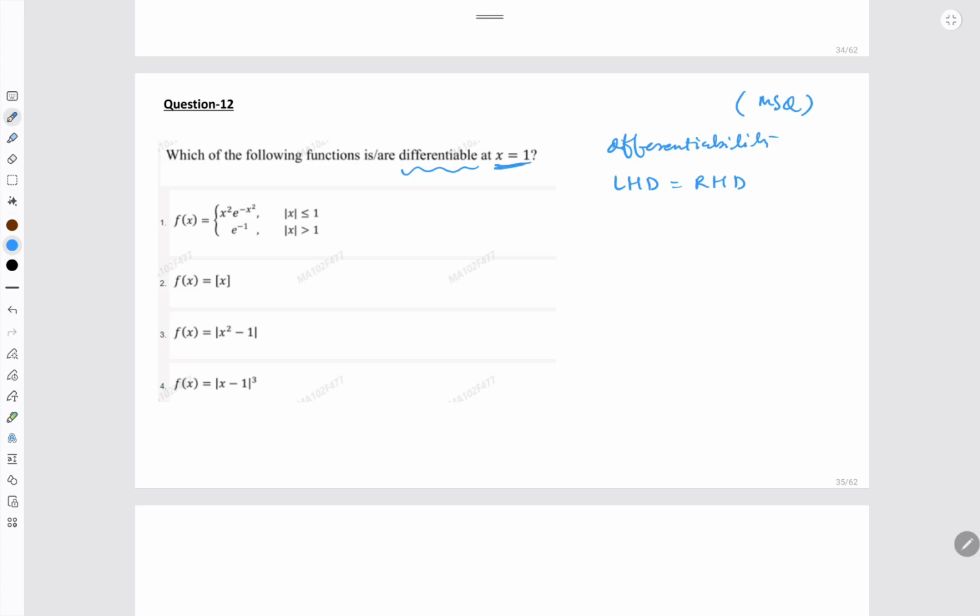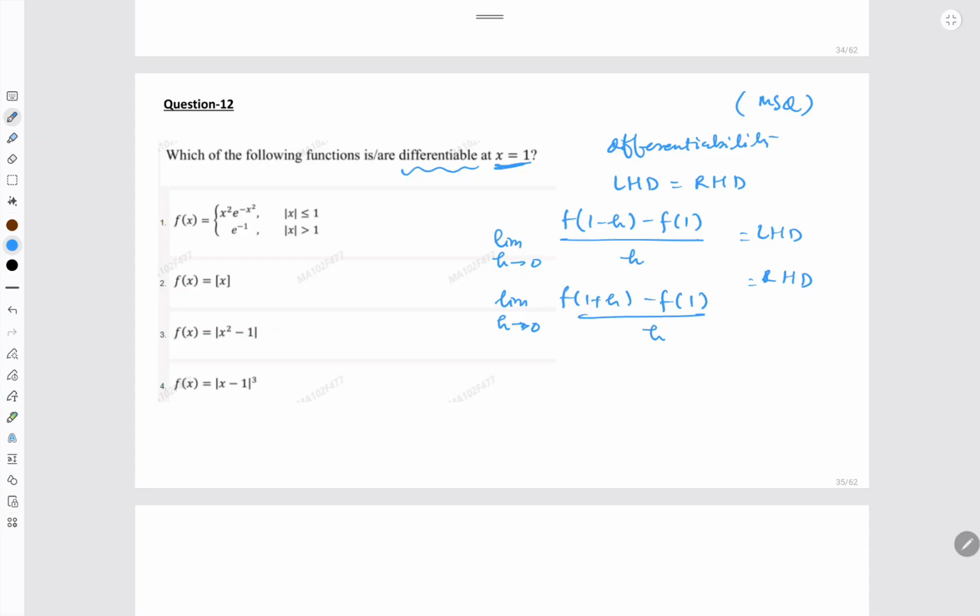So here the left hand derivative is limit h tends to 0, f of 1 minus h minus f of 1 by h, and the right hand derivative is limit h tends to 0, f of 1 plus h minus f of 1 by h. These two quantities should be equal, but we do not have to worry about these two things, because if you have followed the video entirely, I have told you how to solve this question without actually solving it.